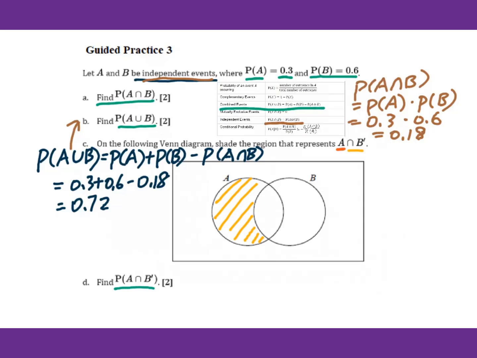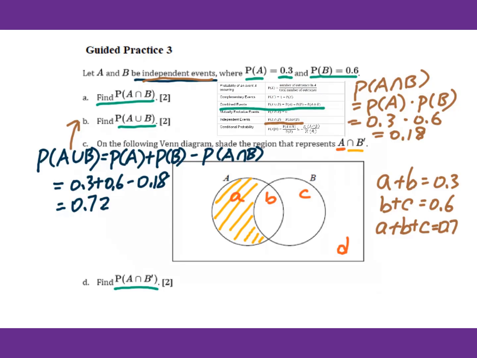Then find the probability in A but not in B. We will label the regions here A, B, and C, here D. According to the given information, we know that A plus B equals 0.3, B plus C equals 0.6, and A plus B plus C equals 0.72. And B equals 0.18.